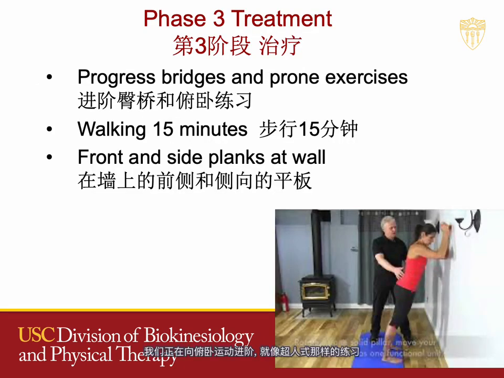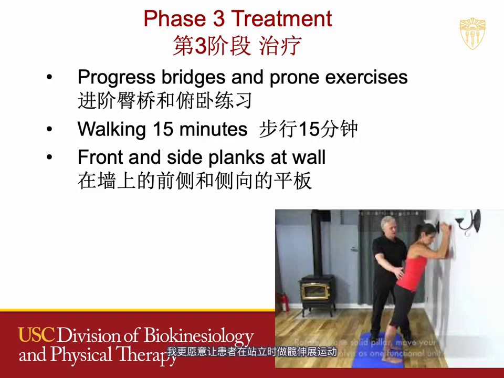So we said we're progressing to more prone exercises like Supermans, things like that. Bridges are not something that I would be doing early. Think about when you do a bridge, how much compression could occur on the vertebrae, especially at that thoracolumbar junction. So you're probably not doing a whole lot with bridges the first couple phases, but by this point you can do bridges.